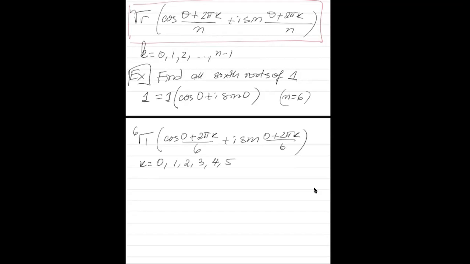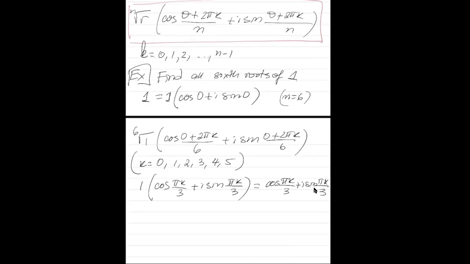So for each k, you get a root. Now, let's do substituting, but before that, I want to simplify. What's the sixth root of 1? That is 1. And then cosine of, ignore the 0, 2 over 6, pi k over 3, plus I sine pi k over 3. And we don't need that 1 in front. So cosine pi k over 3 plus I sine pi k over 3.